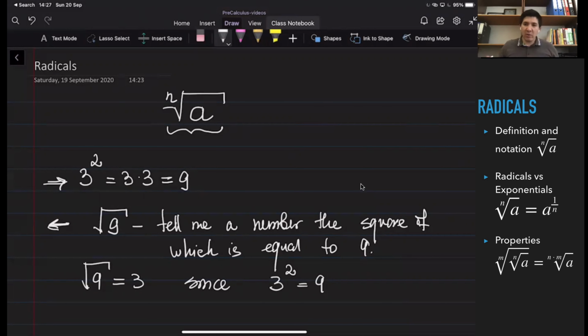So in general, we are going to define the radicals like this. It's going to be the n-th root of a.